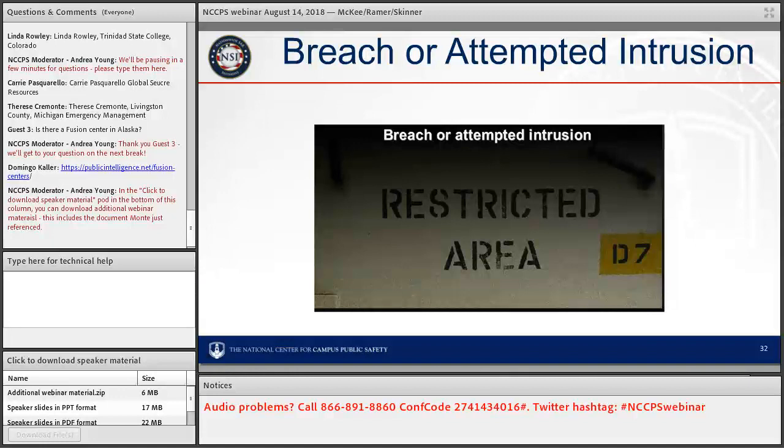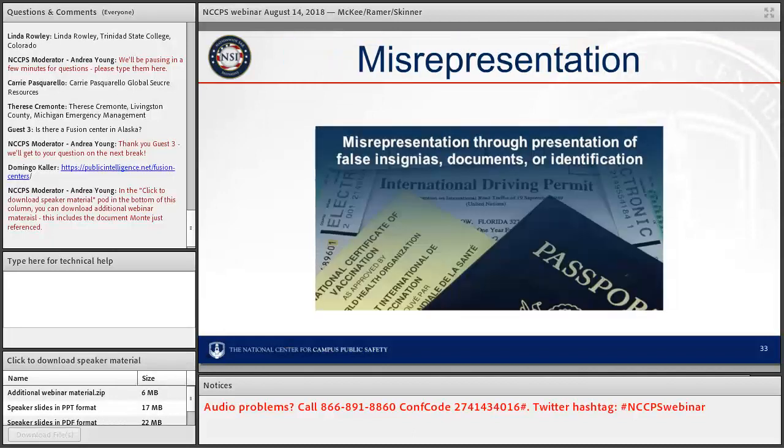I'm going to go fairly quickly through this list, but we know from our study of the terrorist events and what we know from analyzing the terrorist threat picture that all these indicators can occur and are likely to occur, and we start with breach or attempted intrusion. Slide 33. Misrepresentation is the next one. We know that routinely misrepresentation through documents, through identification, is utilized.